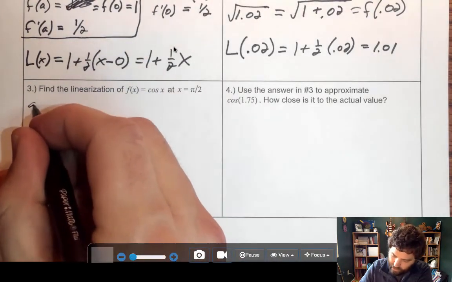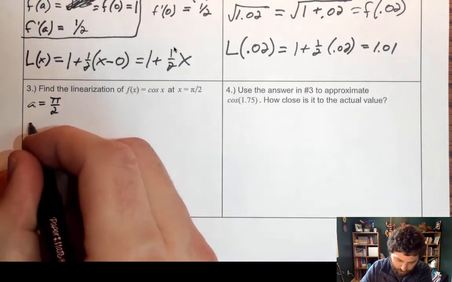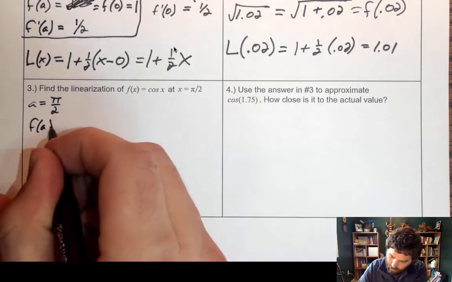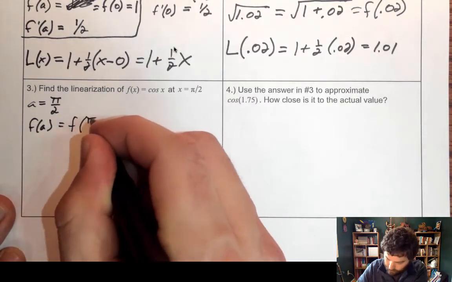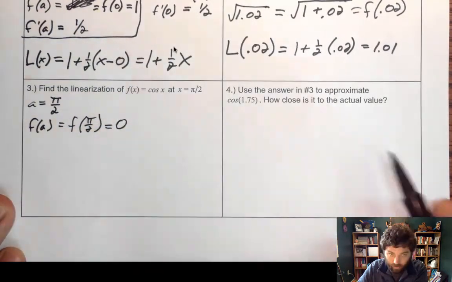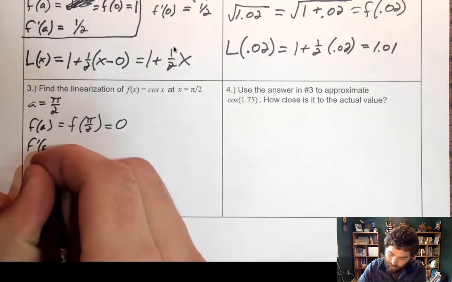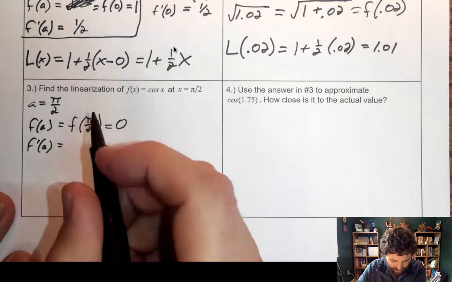We need to find a. A is equal to pi over 2. f of a is f of pi over 2, which is equal to 0 when you plug in pi over 2 for cosine. And then f prime of a, well, what would that be? That would be negative sine of x, the derivative.